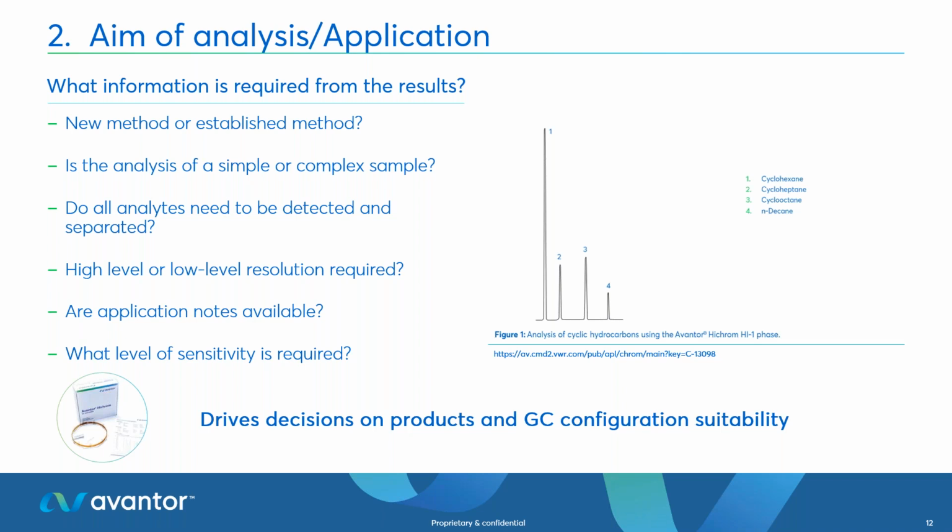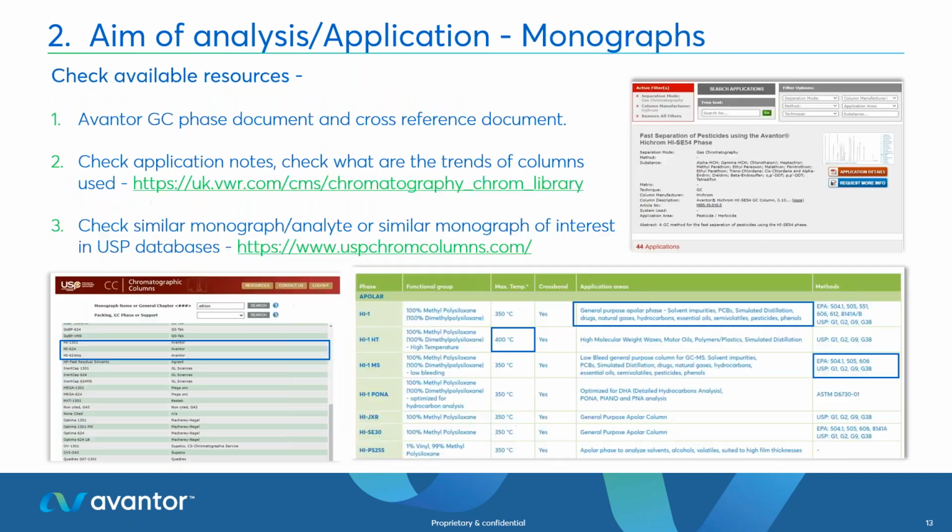So these are the kinds of things we need to think about, because it'll help you make decisions on the products that you're using and checking your GC configuration actually works with what you're trying to achieve. There are a number of resources out there, along with USP and other monograph resources.